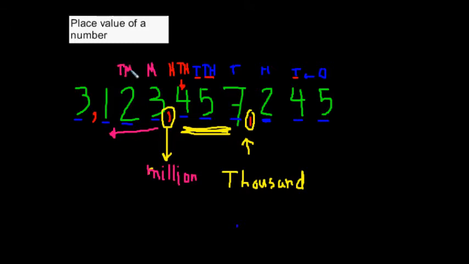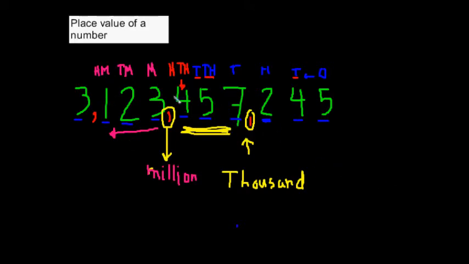And then we have 100 million, HM. So 3 is in millions, 2 is in 10 million, and 1 is in 100 million.